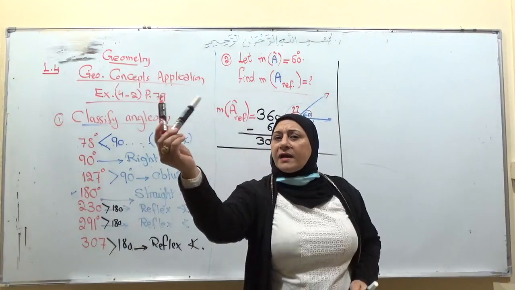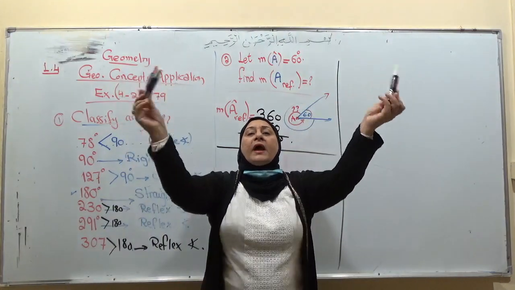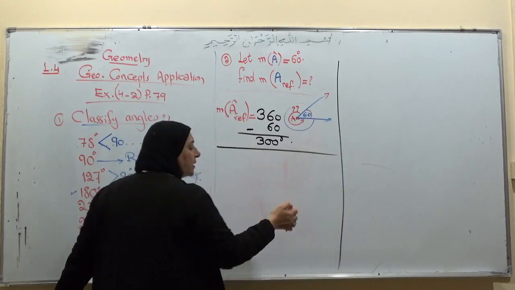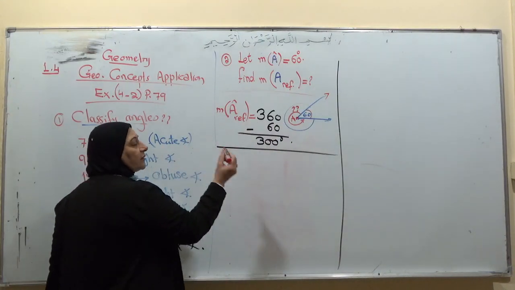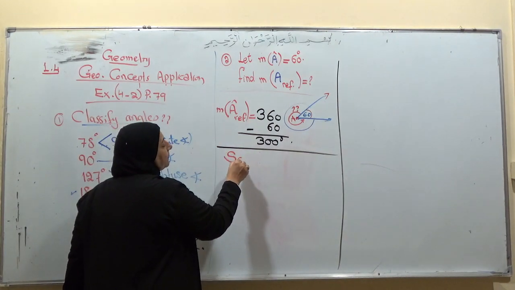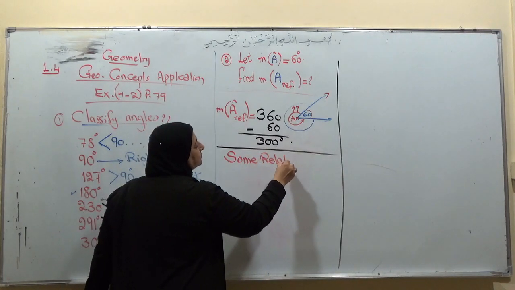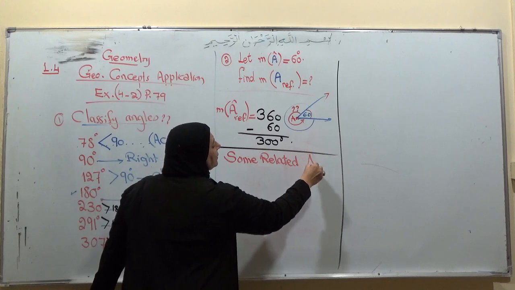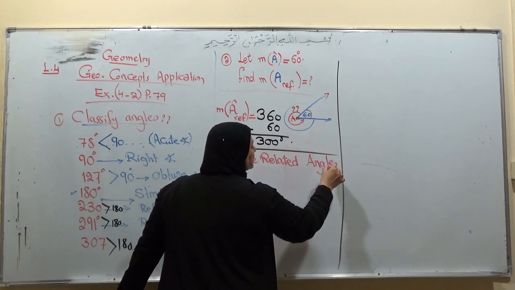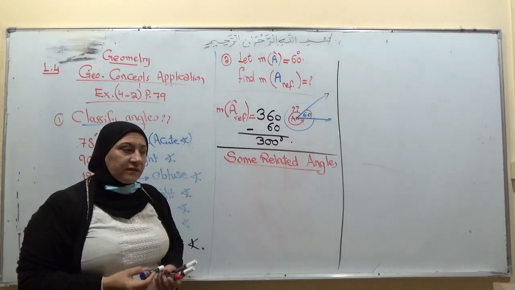There is a relation between two angles together. I will write here the types of related angles.